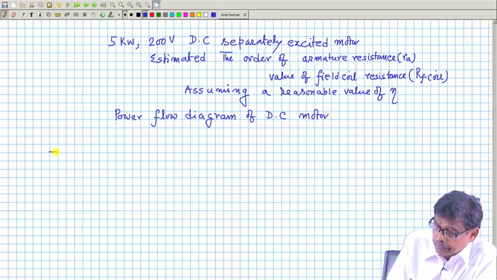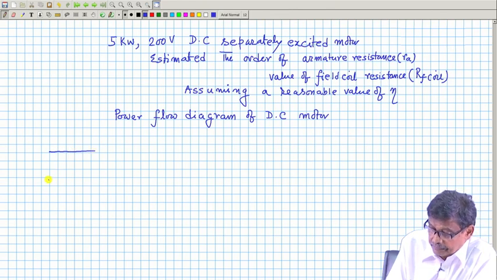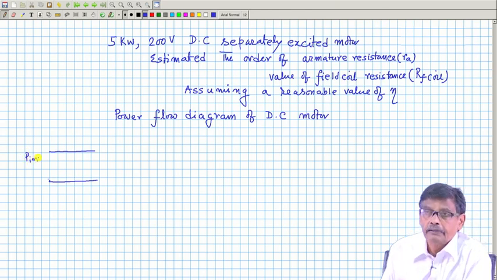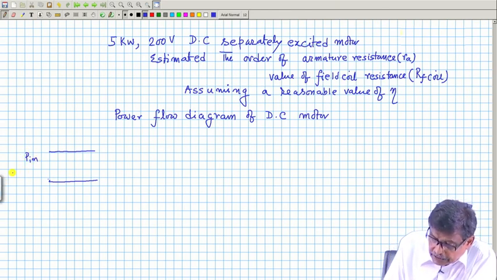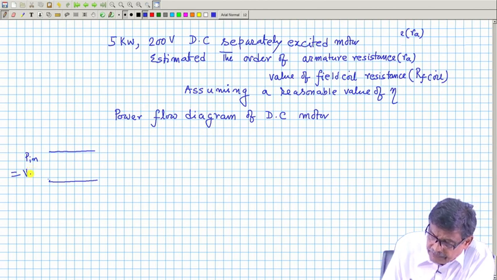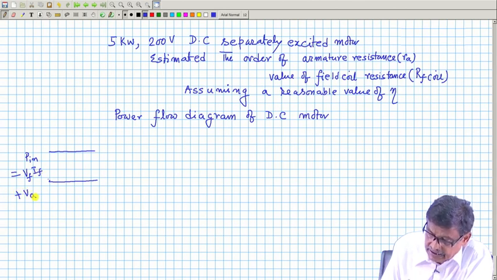Here is the input power, P input. P input will comprise the electrical power input, which is V_F I_F plus V_A I_A.